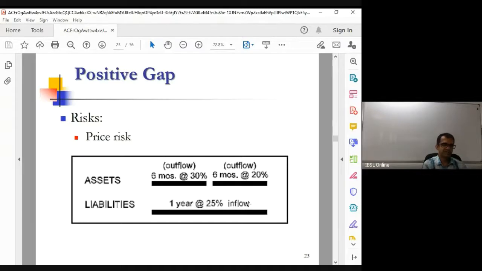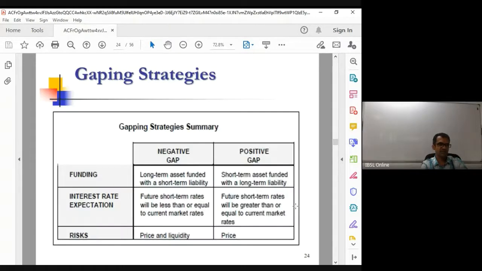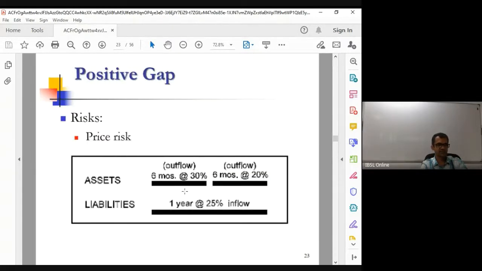The price risk is there, but there's no liquidity risk in this strategy, because you have excess cash flows after 6 months. You can reinvest it. You don't find any difficulty generating liquidity when you have a positive gap.